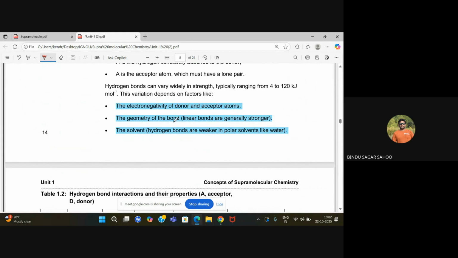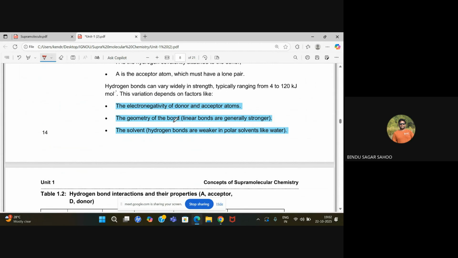The second thing is the geometry of the bond. Particularly, linear bonds are generally stronger, where the orbital overlapping is called linear overlapping. You can remember in molecular orbital theory also, when we are interacting the orbitals, we say LCAO, linear combination of atomic orbitals.